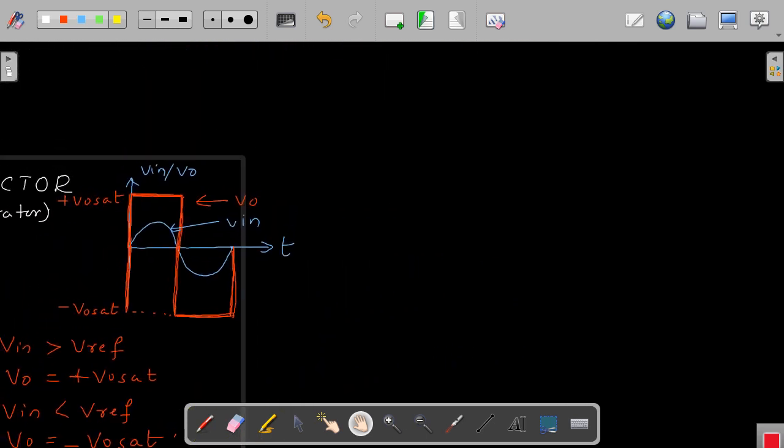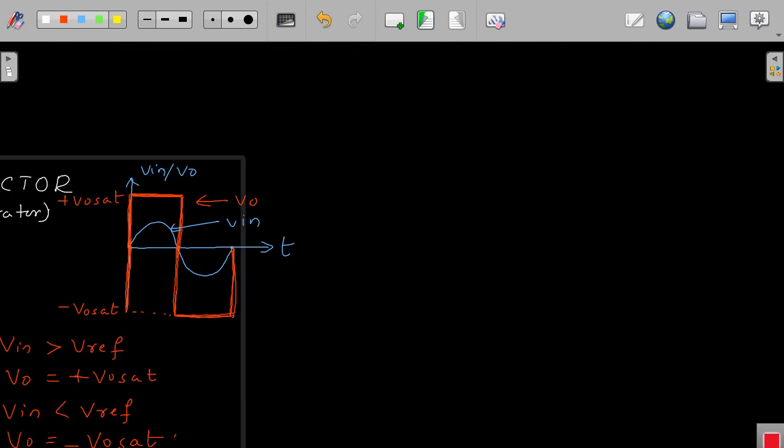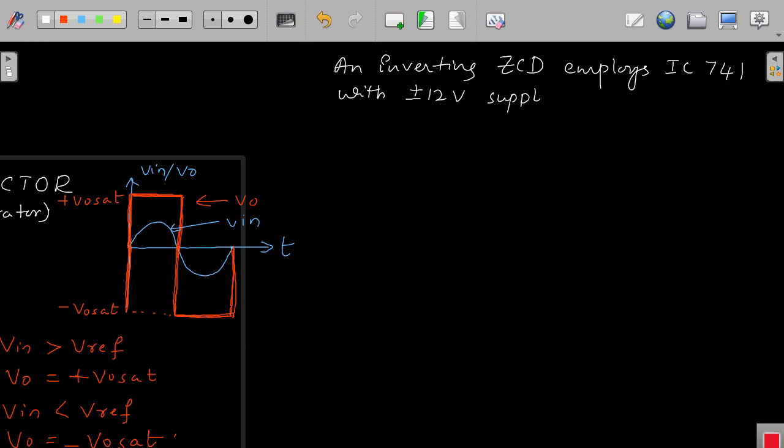Please note down: an inverting zero crossing detector (ZCD) employs IC 741 with plus or minus 12 volts supply.